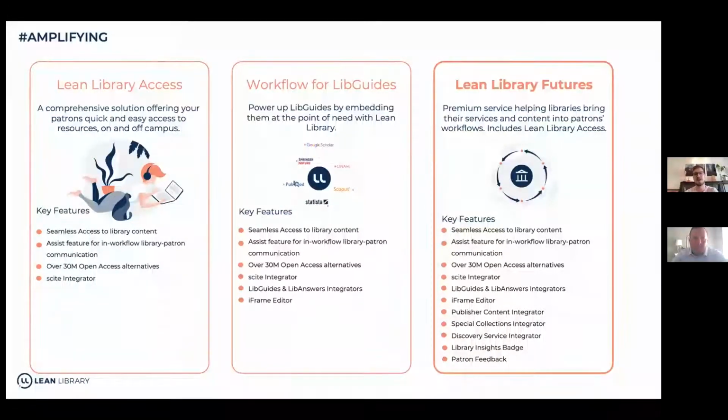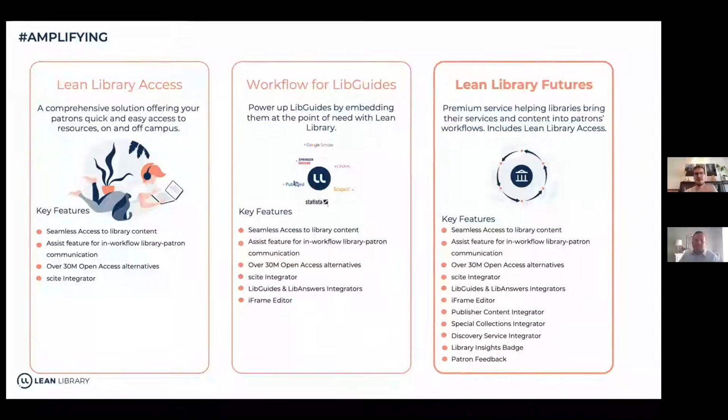On the other end of the spectrum, we have Lean Library Futures, which is our very exciting and newest product in the portfolio. We launched the first version last September and have been continuously developing it ever since, adding even more integrations and improvements, such as the JSTOR integration that we are going to be talking about today.